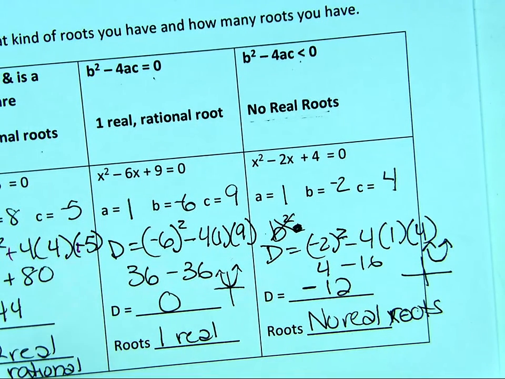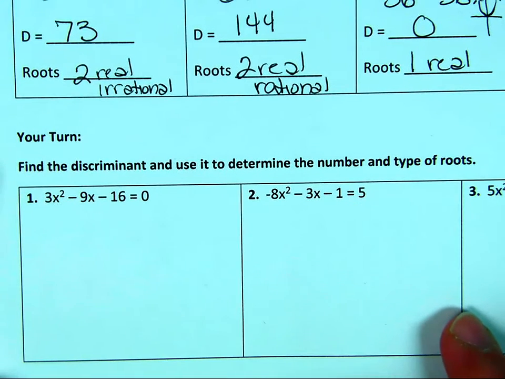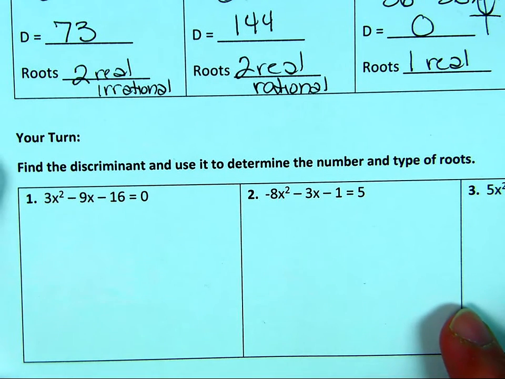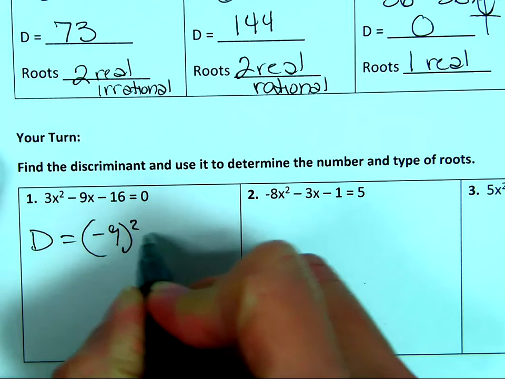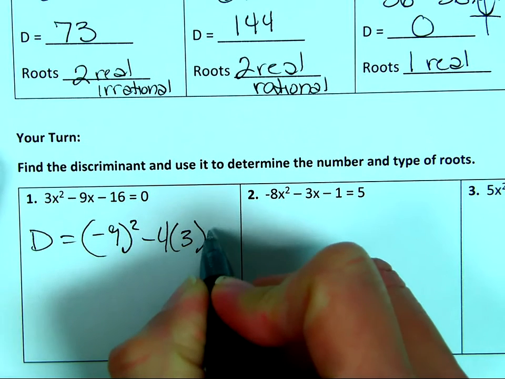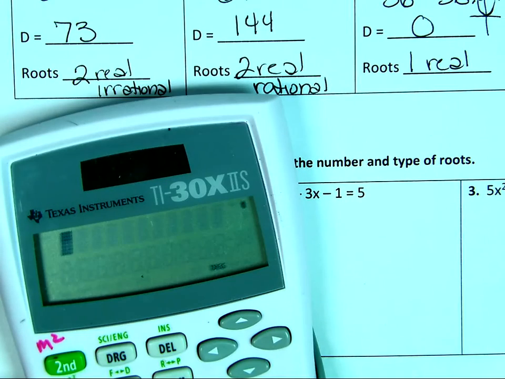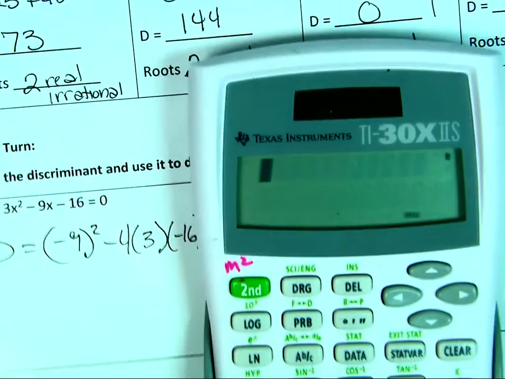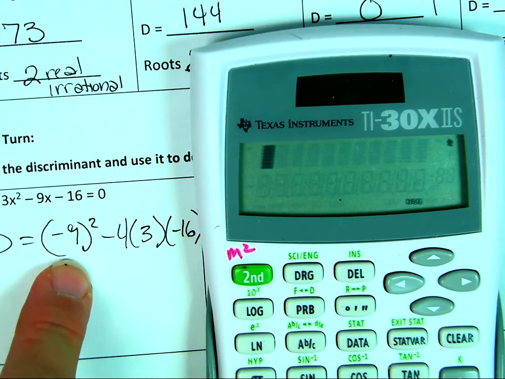Okay, so that was an example of each, but now I'm not telling you which one it is. We're just going to figure it out. So it might be easiest to use your calculator. So the discriminant is b squared minus 4 times A times C. Sometimes I just put it all in my calculator, but remember, especially with this kind of calculator, you have to put parentheses around the negative.